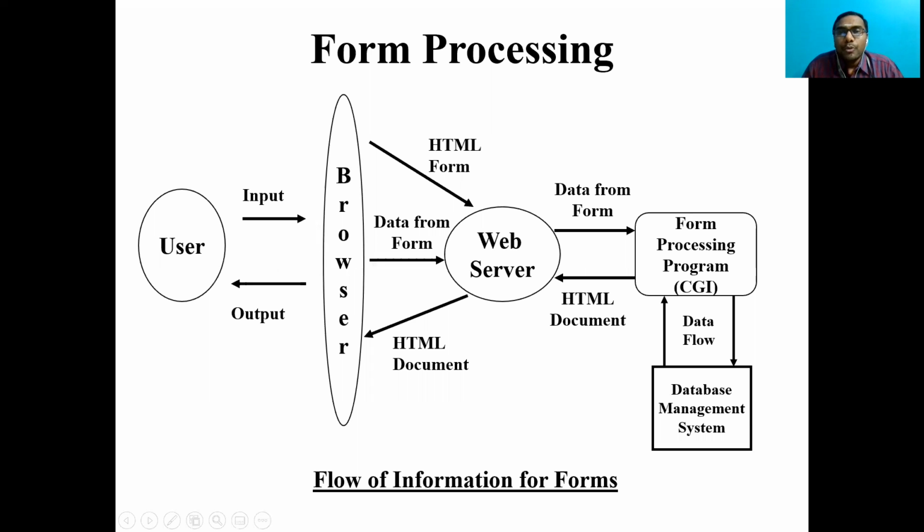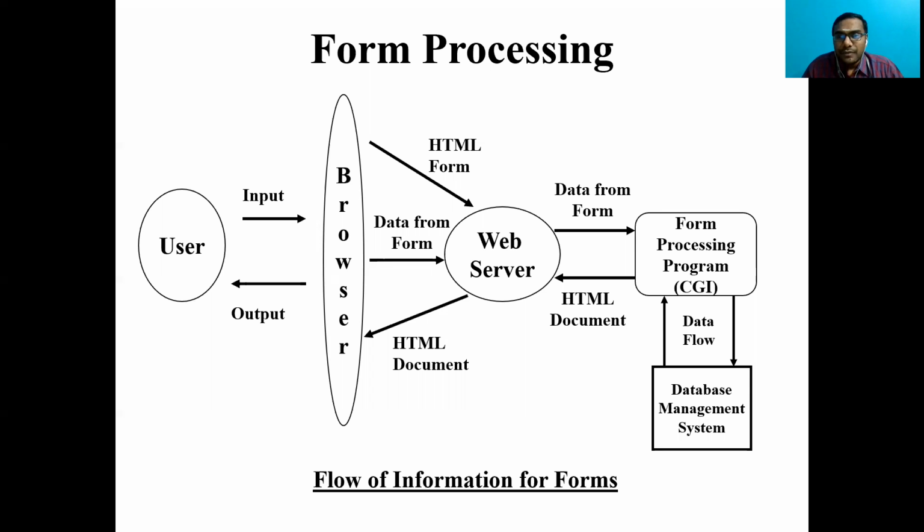Right. Before moving to the form tag, what exactly is the process, and how is it going to happen? Imagine that as a user, I'm going to type some information through the web browser, with the help of an HTML form. Once I have typed that information through that interface, my data will be processed with the help of the web server.